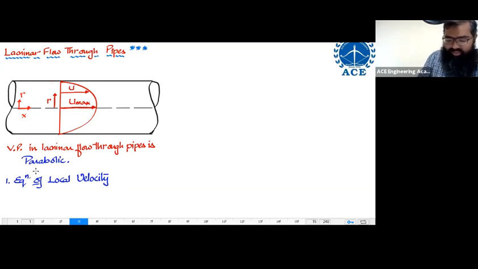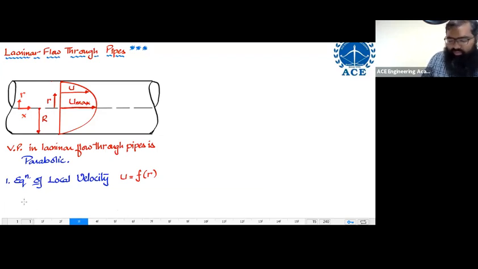So when I write this velocity, you should observe that u has to be a function of r. One more thing, this complete radius is represented by capital R. Now I'm going to write the equation of local velocity.